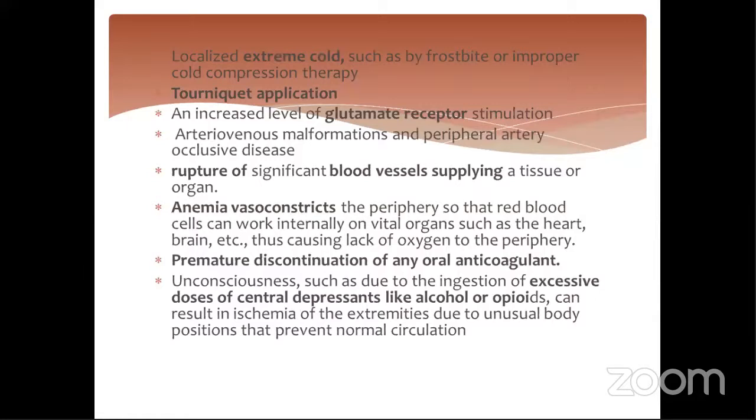Some more are there: rupture of a significant blood vessel supplying a tissue, arteriovenous malformations, premature discontinuation of any oral anticoagulant, and excessive doses of central depressants like alcohol. And one more is tourniquet application. Many times this also happens.